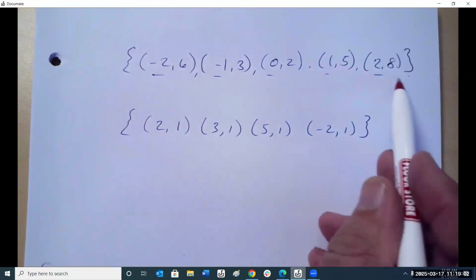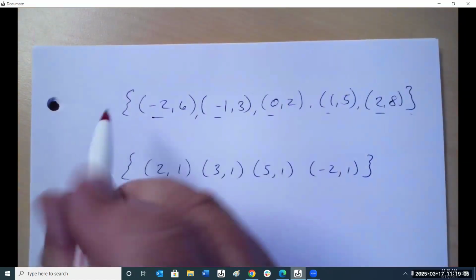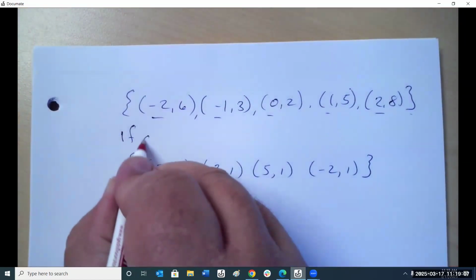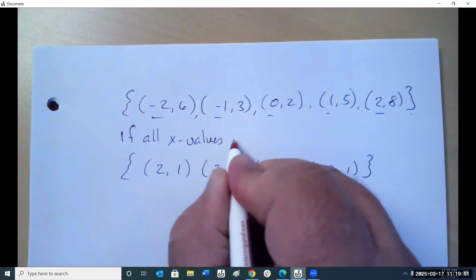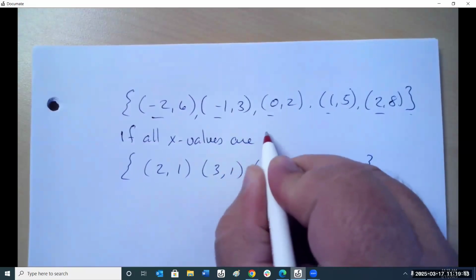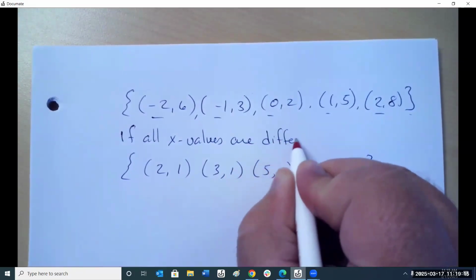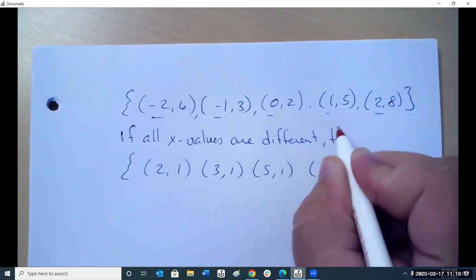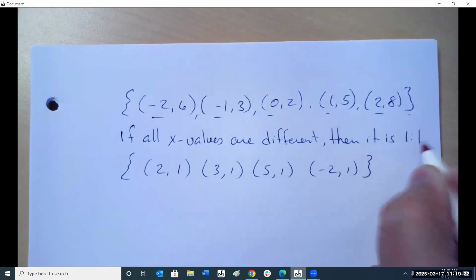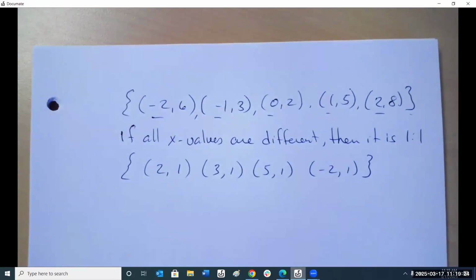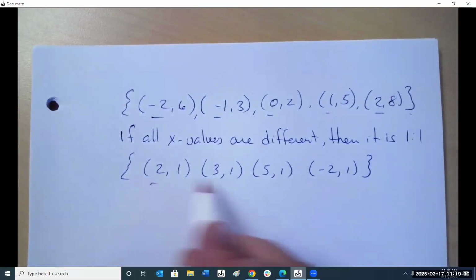What did I just say up here? If all X values are different, then it is one-to-one. Is this one one-to-one? Yes, because all the X values are different.